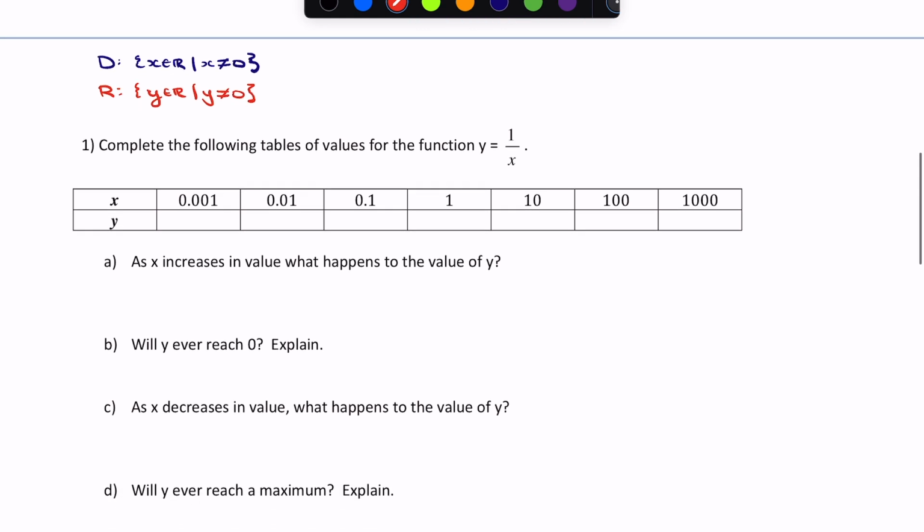Okay, so continuing our exploration, we're going to complete the following table of values for the function y is equal to 1 over x. So here we see that x has 0.001, 0.01, 0.1, so on and so forth. You see here that x is increasing from left to right.